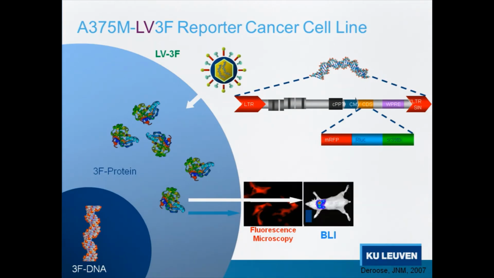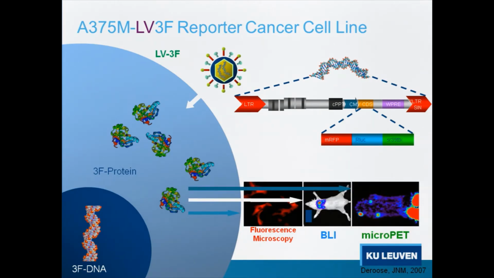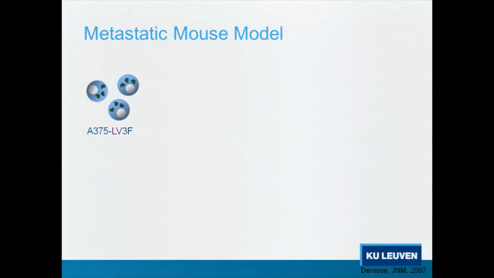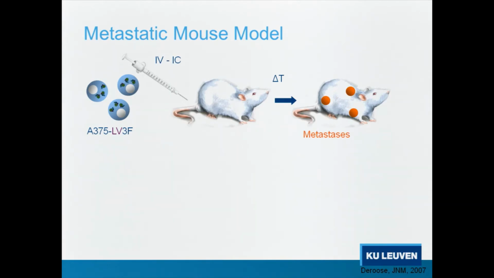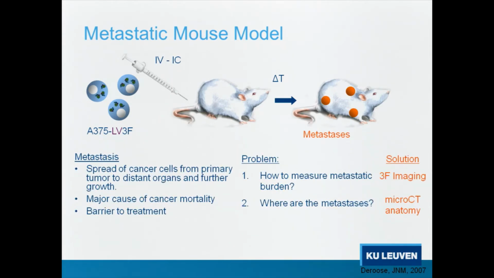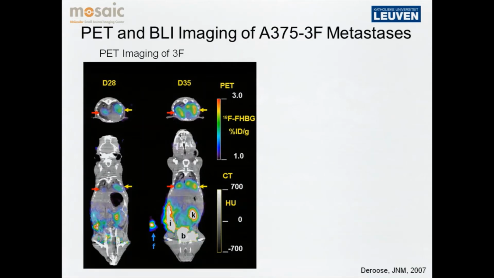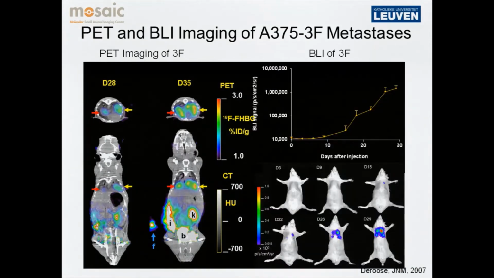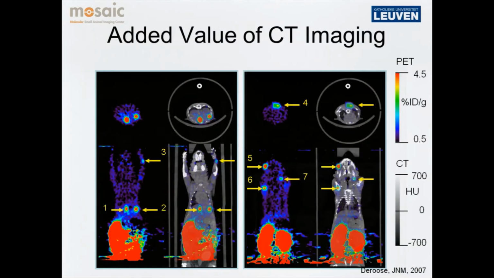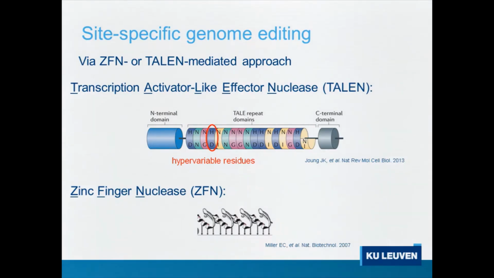We could see this by fluorescence microscopy, detect it with BLI, see it with micro-PET, and then we could start using these to generate metastatic mouse models where we injected our melanoma cells. After a while, we get metastases, and we could try to interrogate where the cells were by using PET over different time points, or by performing bioluminescence to see them, and localize with CT to find the cells.